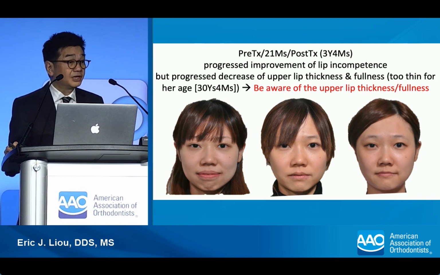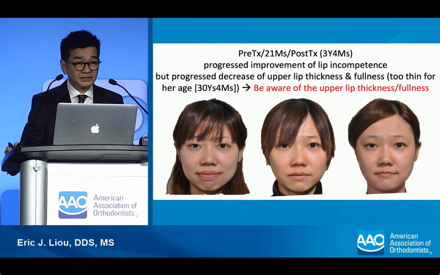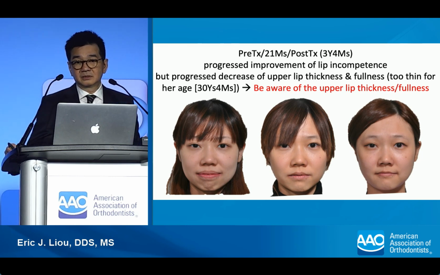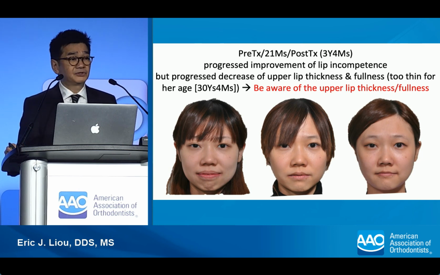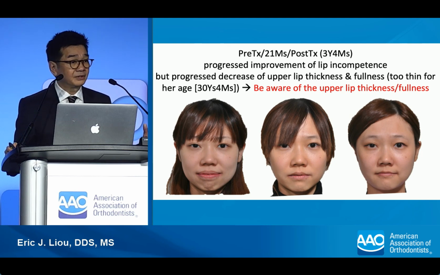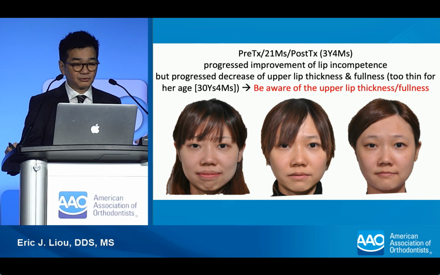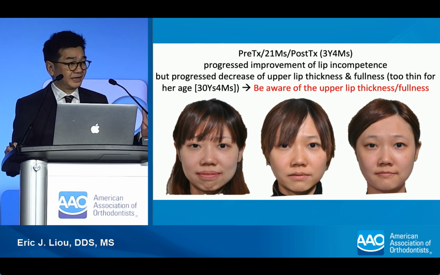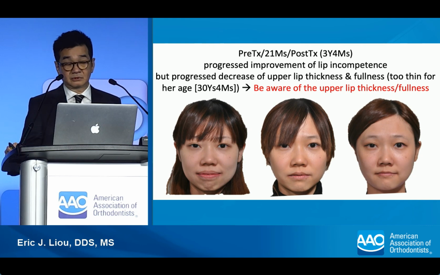But when she is not smiling, you can see the upper and lower lip thickness actually decreased gradually until the end of the treatment. I think her upper lip was too thin for her age to look young. For me, a very thin upper lip means an aging face, which is no good for the patient.